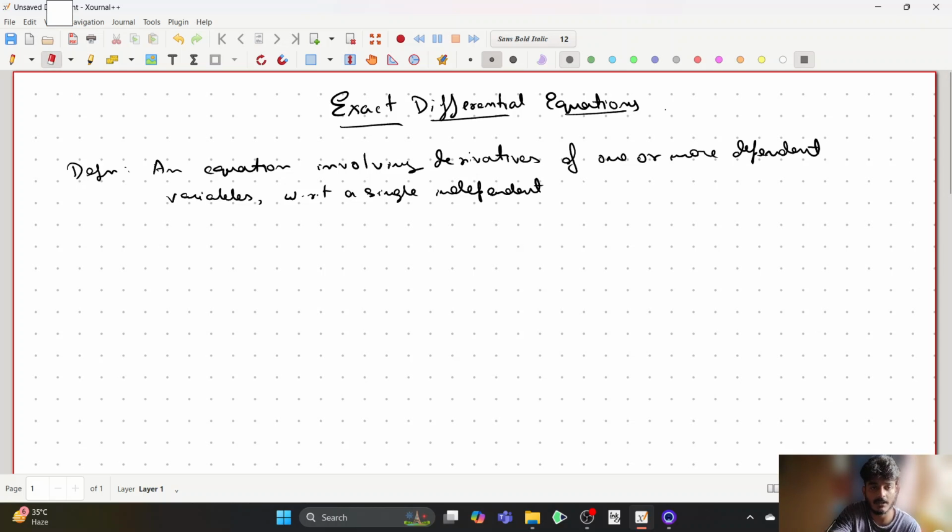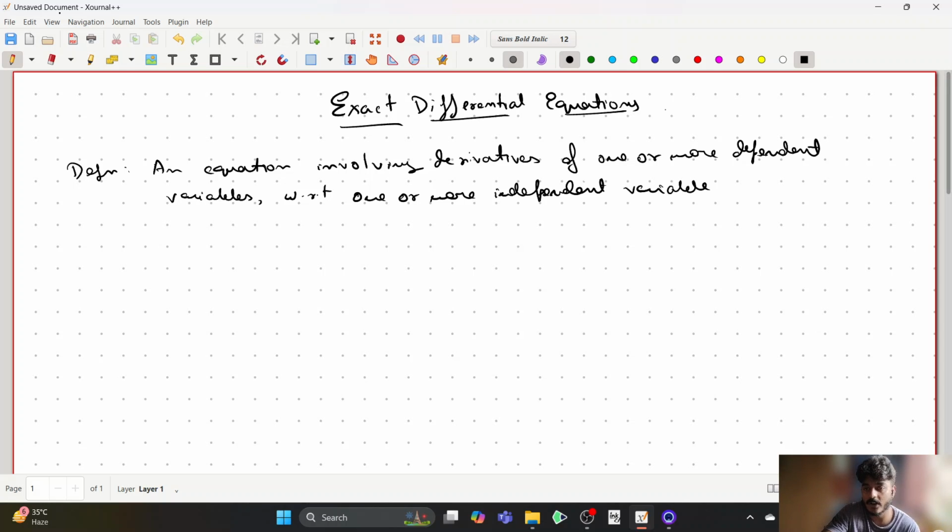Rather, a differential equation can also be talked about with respect to one or more independent variables. An equation involving derivatives of dependent variables with respect to one or more independent variables is called a differential equation.